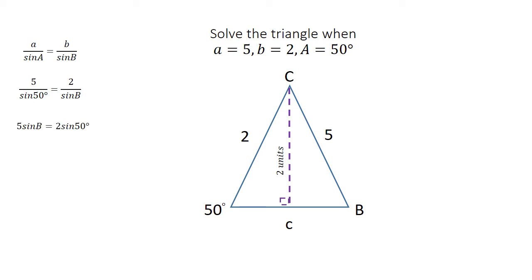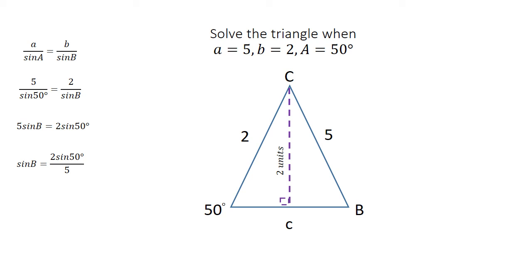So notice how I'll solve this proportion. It is a proportion. We have 2 fractions with an equal sign between them, so their cross products are definitely equal. So we'll cross multiply, and then we will divide both sides, in this case, by 5. Now we have sine of B on the left side of the equal sign.